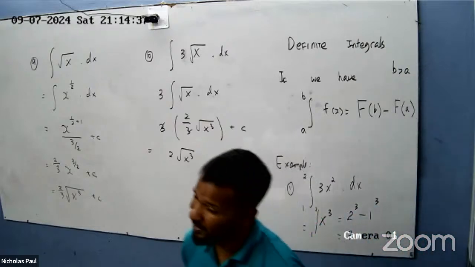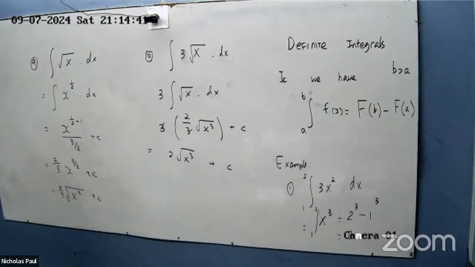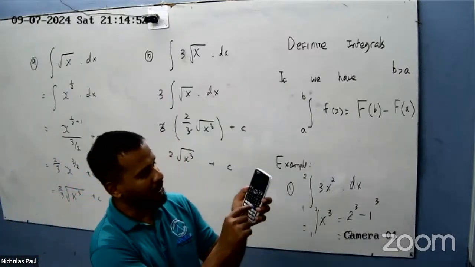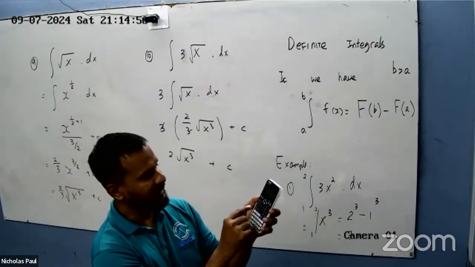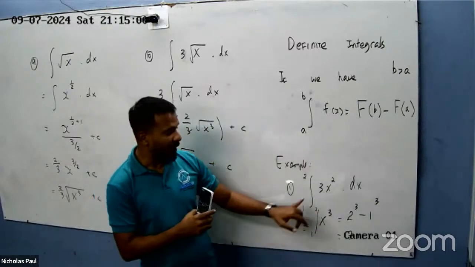Now, if you have a Shift key, you can do it on the calculator. On the Casio, to work this out, you come to the integral sign under the menu. Press the integral sign and put in the function 3x squared.